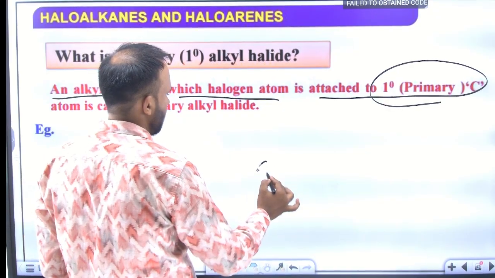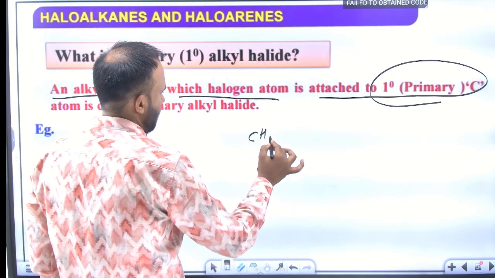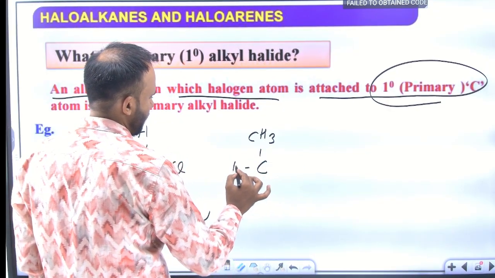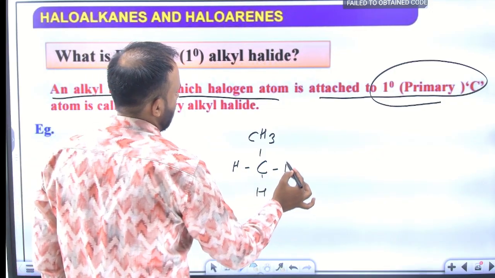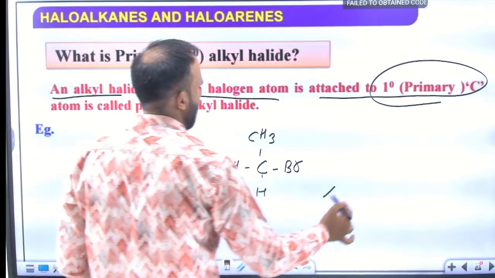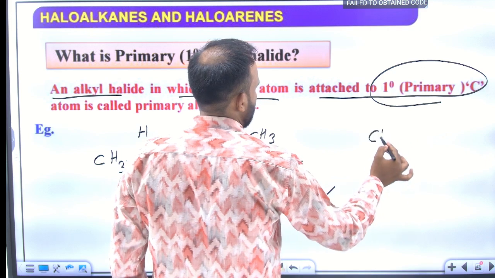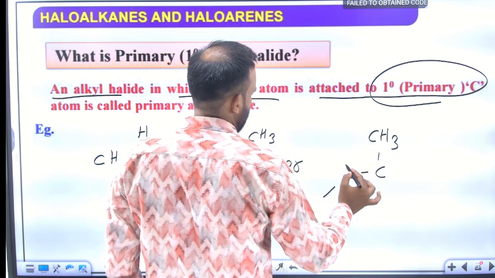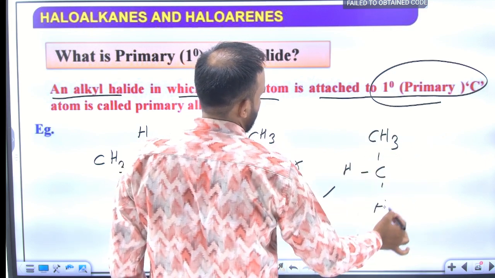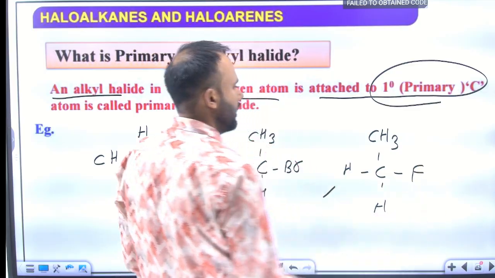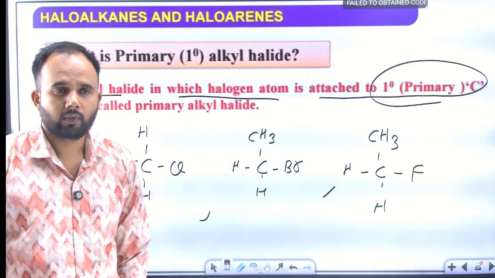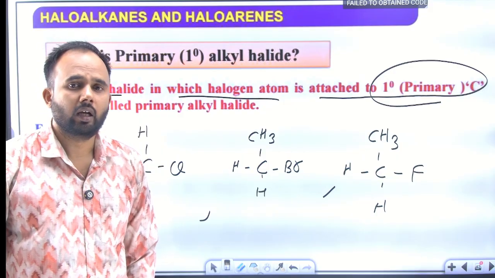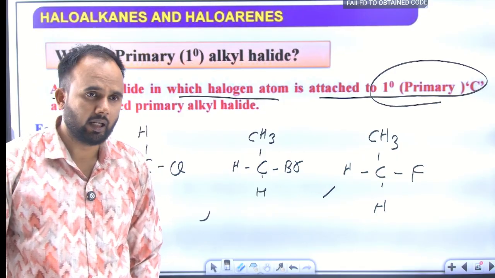Second, CH3, hydrogen, hydrogen and Br. CH3, hydrogen, hydrogen and fluorine I can take. So this is the whole example of primary haloalkane or primary alkyl halide.